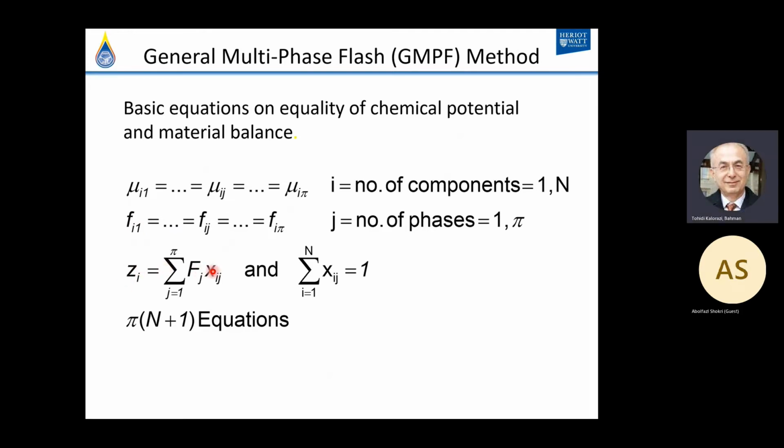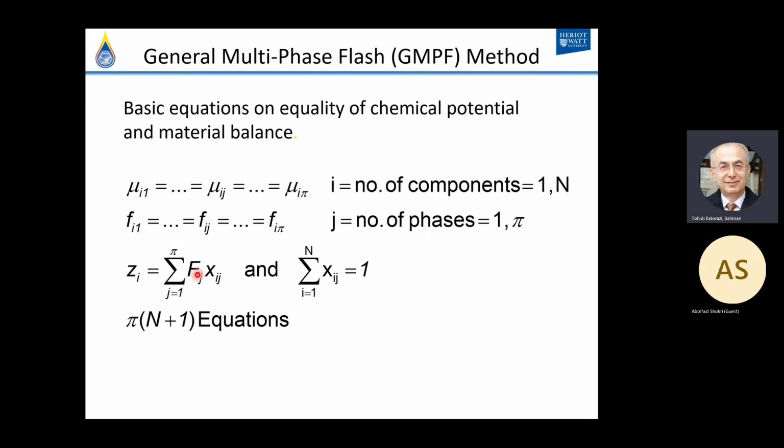Now we have two other equations. Zi is the combination of mole fraction and composition of different components in different phases. So for example, if I is methane, methane can be in the hydrate phase, the liquid hydrocarbon phase, the gas phase, or the water phase, but they should have the same fugacity.